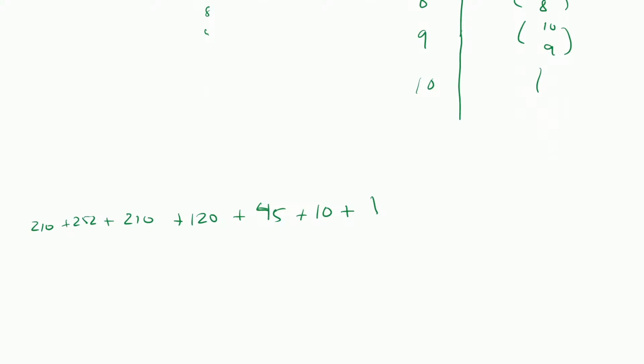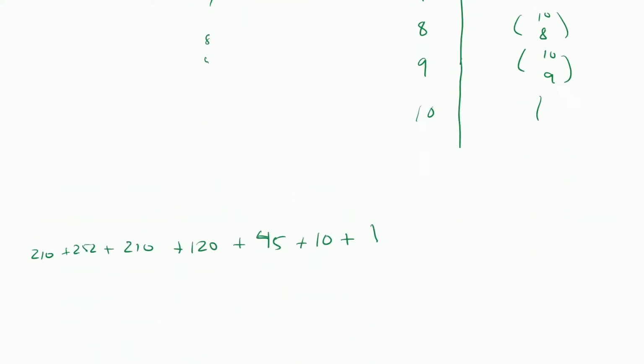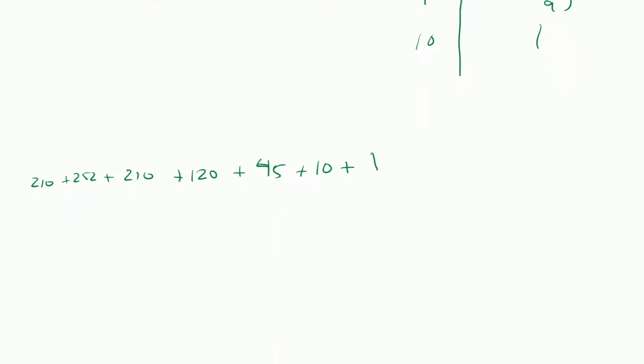So 210. So that's the 4 on the left. That would be the top one, 10 choose 4. So 4, 5, 6, 7, 8, 9, 10. And we can add those up. So let me do that. Let's see if that does it. 848.